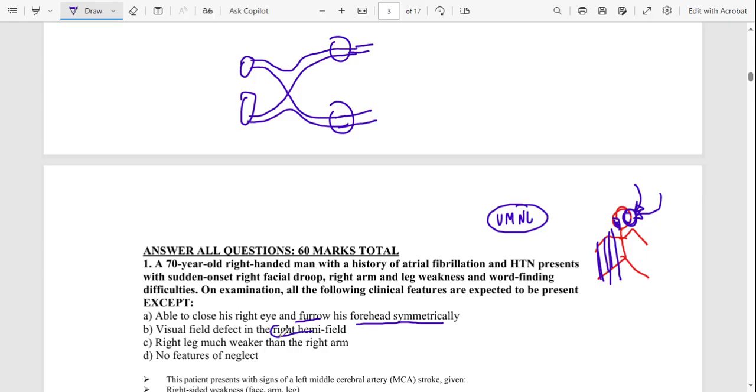Specifically, this is going to be the visual field defect in the right hemifield. If we say hemifield, remember we can split this one like this, and then we can also split like this. So what happens, the way I've drawn it, okay, let me put it like so.